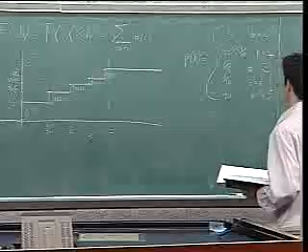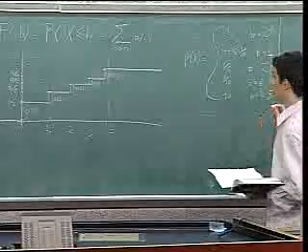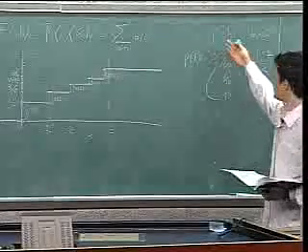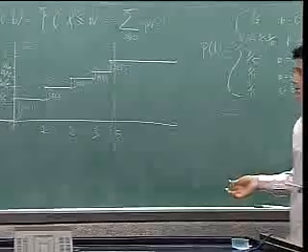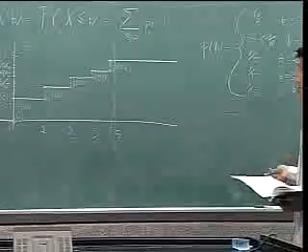Okay, and just as a sanity check, we note that all these probabilities do add up to 1. So it's a proper probability mass function.